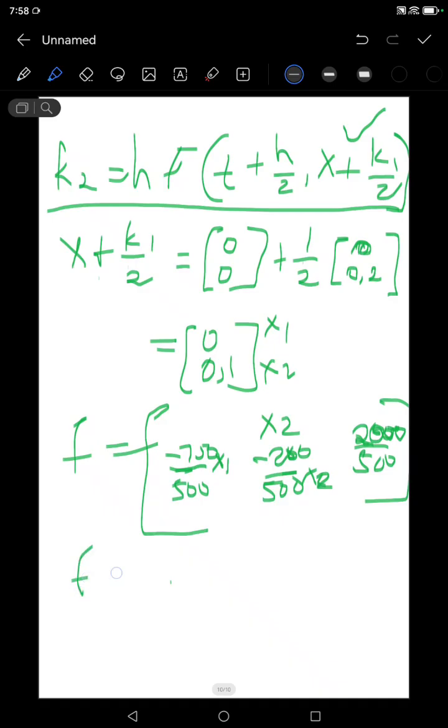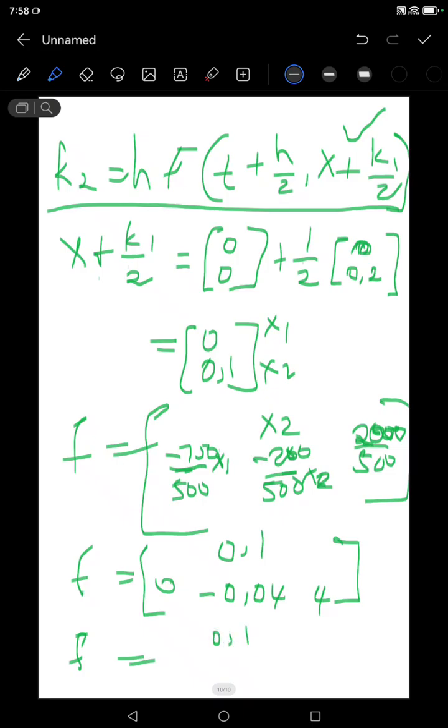So our f is going to be 0.1, and then this one, negative 750 divided by 500 times 0, is 0. And here negative 200 over 500 multiplied by 0.1 gives us negative 0.04. And here 2000 divided by 500 is 4. Therefore our force is going to be 0.1, and then we add: 0 minus 0.04 plus 4 gives us 3.96. So this is our force.